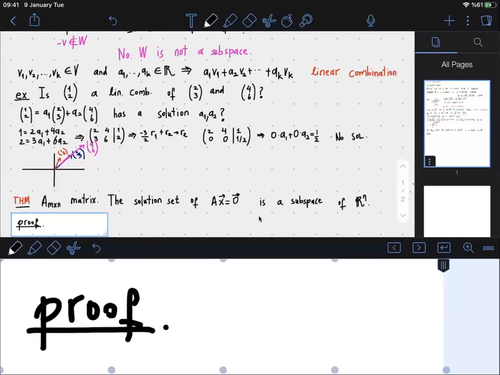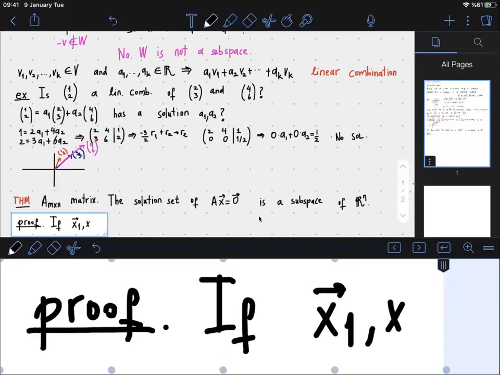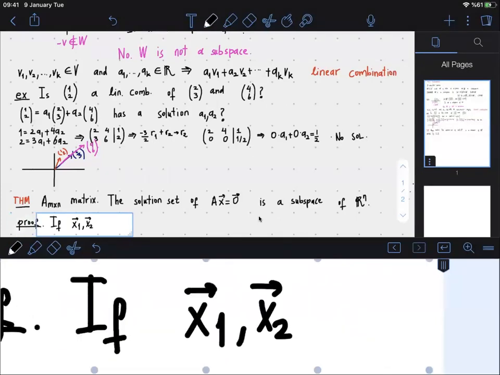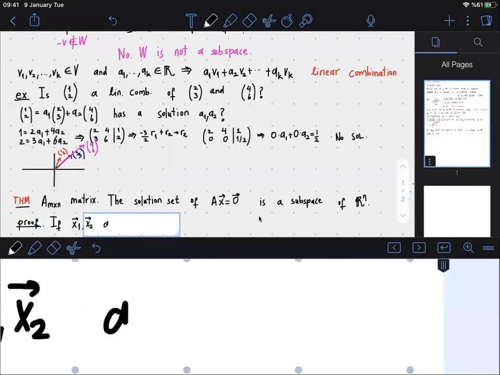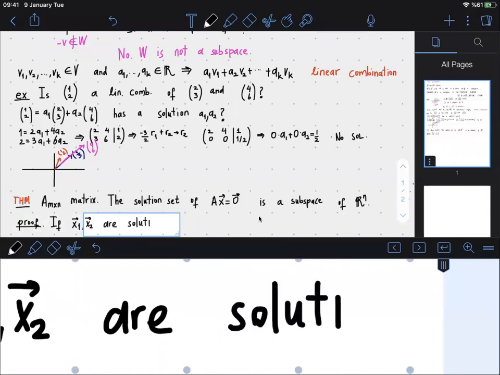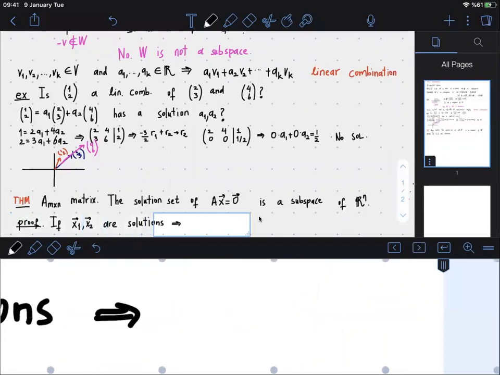Okay? So if x1 and x2 are two vectors which are solutions, then we need to check that x1 plus x2 should also be a solution.